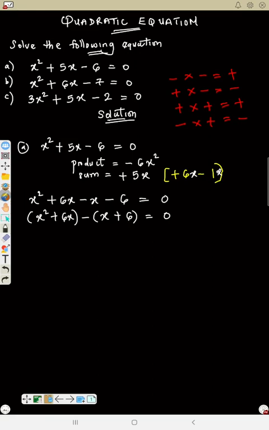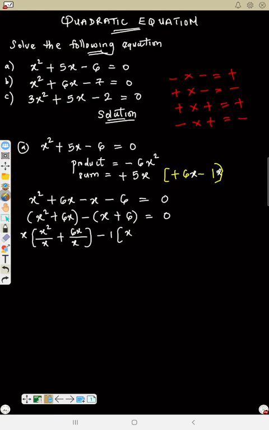So now, what is common in this bracket, and what is common in this bracket? x is common here, and I told you anytime a number or letter is common, divide through by that number or letter. So x squared over x plus 6x over x. What's common here? 1.